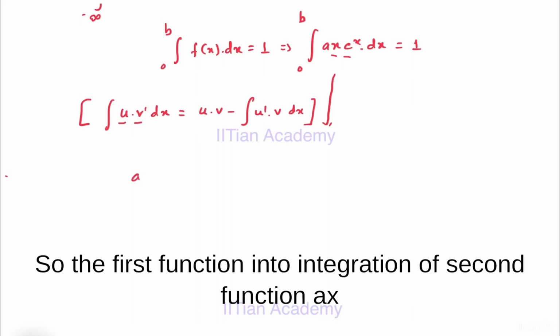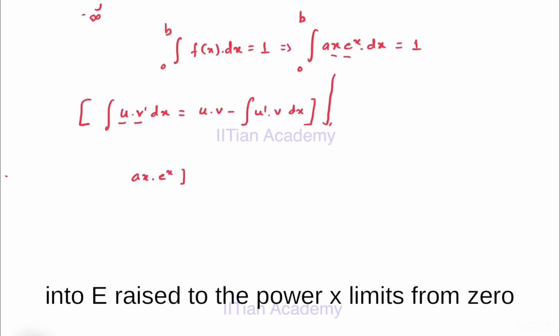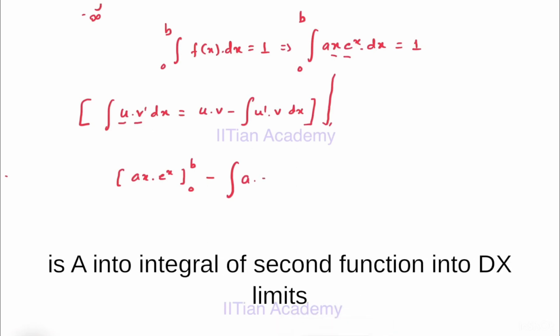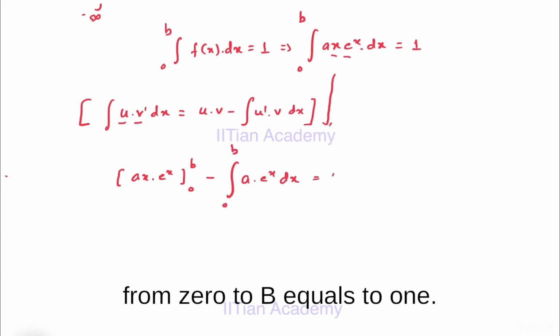So the first function into integration of second function, ax e^x, limits from 0 to b, minus integral of derivative of first function, which is a, into integral of second function into dx, limits from 0 to b, equals to 1.